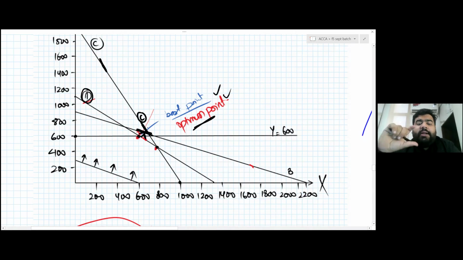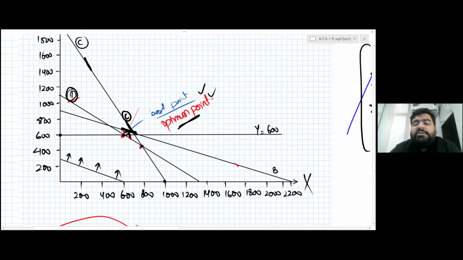It means departments B and C have more hours, but we are not able to consume them due to the limiting factor. The resources completely utilized are only department A, 11,000 hours, and Y equal to 600 units.